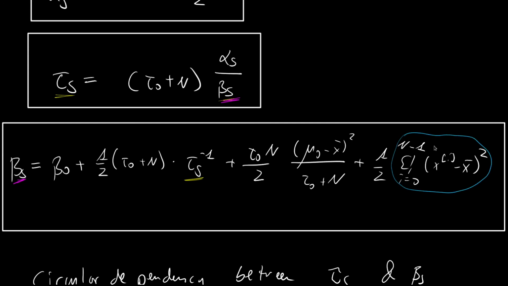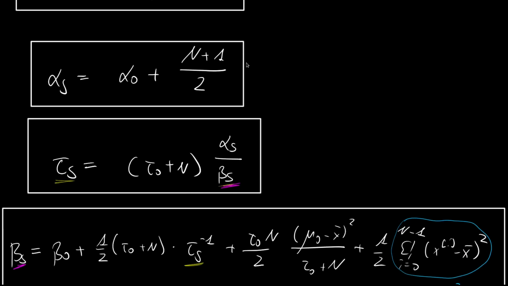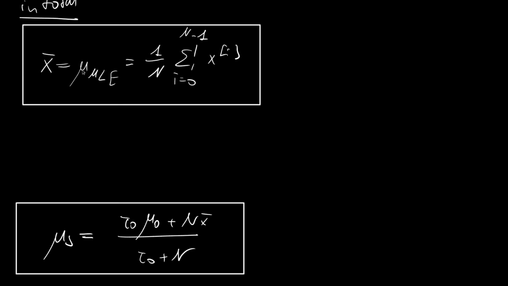There's one more note that I want to emphasize here, which is that the computation of this one here, so the summation, can be costly, especially if we do this, let's say 100, 200 times, when we have to iteratively update these equations. So it's also meaningful to pre-compute this. And if you pre-compute this, this is nothing else than n times sigma squared MLE. By this I mean it is nothing else than n times the maximum likelihood estimate for the variance of our data. Because it's like the squared differences from x bar, and x bar is our empirical mean or our empirical mu MLE.